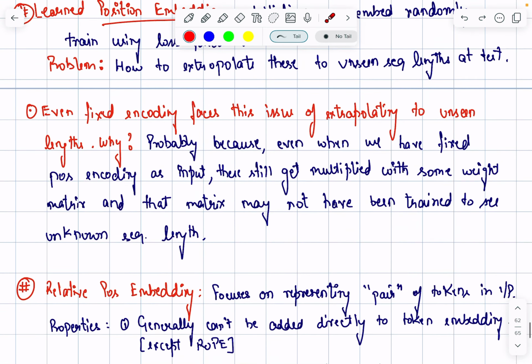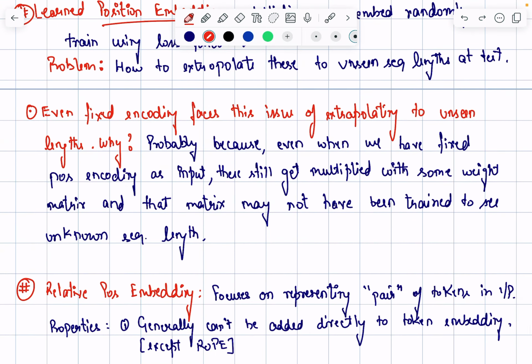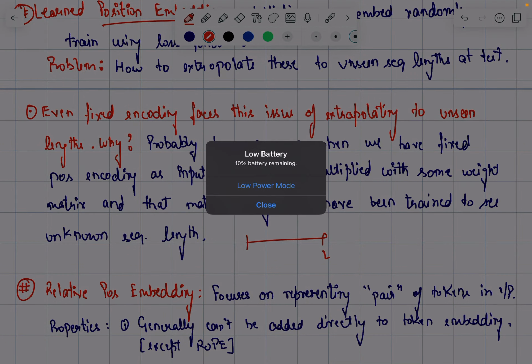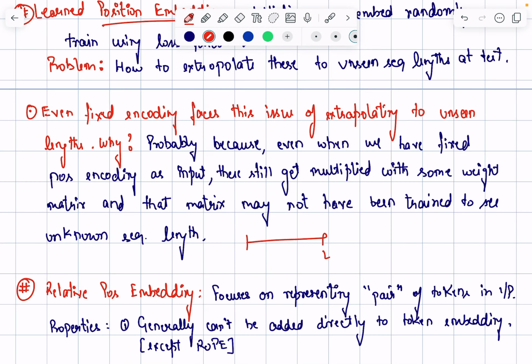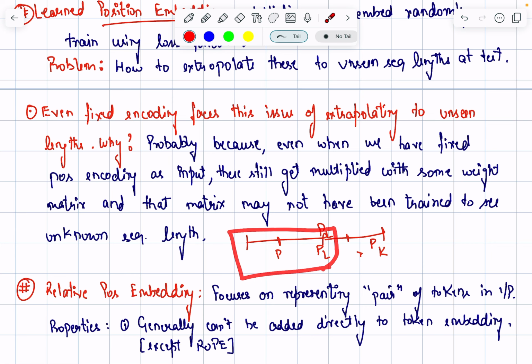So to elaborate on that, let's say you have a sequence of length L that you had seen during the training, but you have a sequence of length, let's say K, where K is greater than L. Then even if we use standard positional embedding, that is sinusoidal embedding, only till PL was seen during the training.